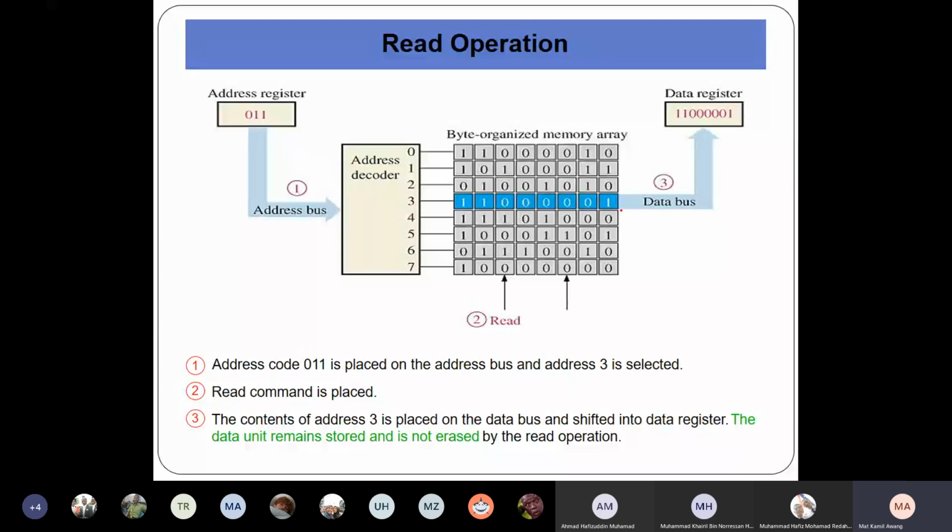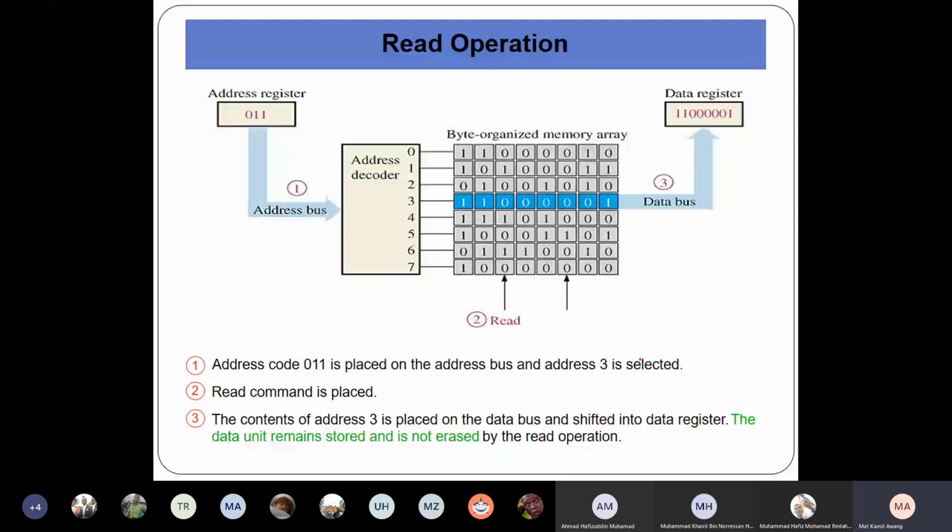And the data in the memory is not destroyed. It's still there. It's only copied into the data register. So the content of address 3 is placed on the data bus and shifted into the data register. The data unit remains stored and is not erased by the read operation. So that is the read operation.